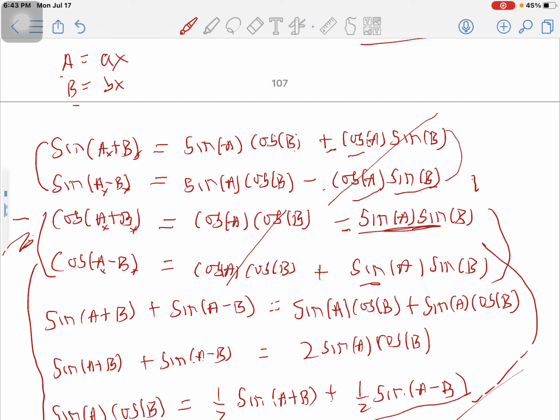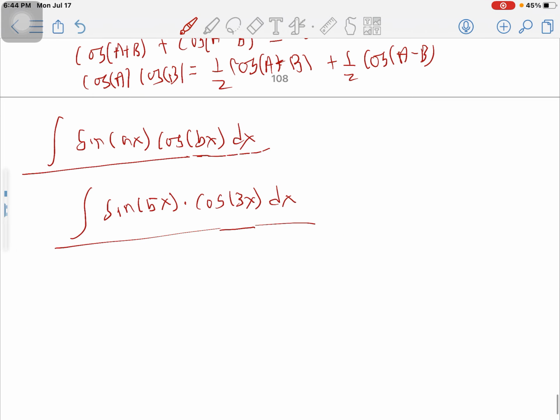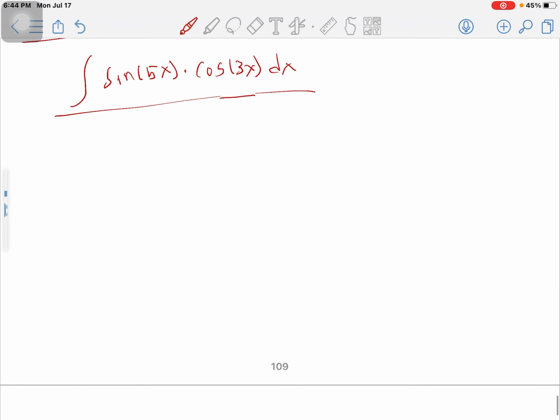When you look at these identities, the right-hand side, which is sine of compound angles, comes with a cos and a sine value combined.